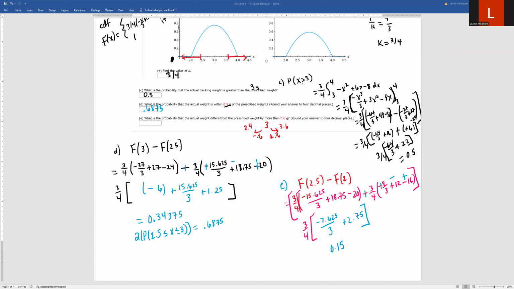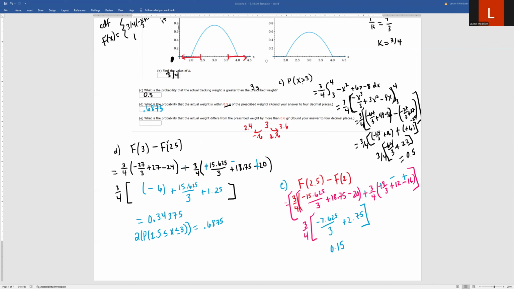Okay, so it must be something I did when I added. So 15.625. And then we had that 8 to add to it. That is the negative 7.625, and that's going to be divided by 3. Let's double check all the other numbers. So we had an 18.75 minus a 20. That's negative 1.25.